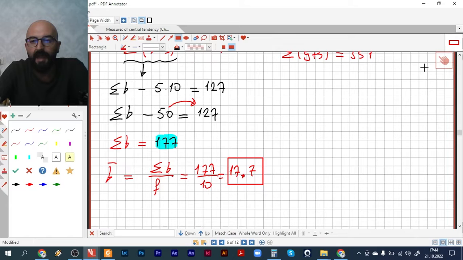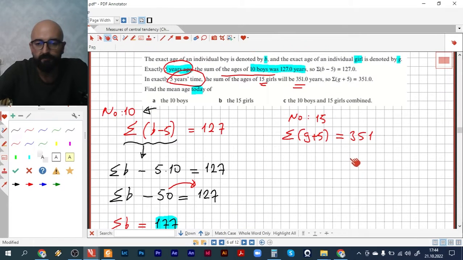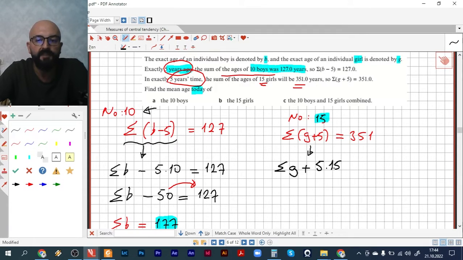And for the girls we have 15 girls. So we can write this section a bit differently, the sum of G plus 5 multiply 15, because we have 15 girls, and 351.